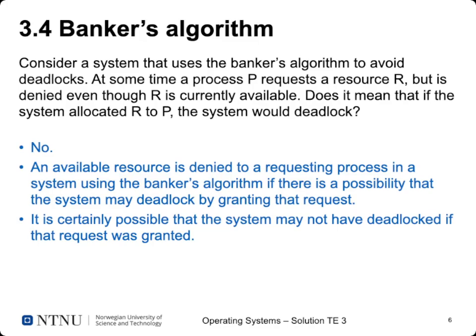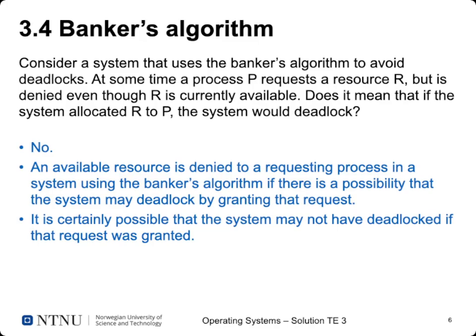So the question was asking you to try to understand this algorithm, and the question was, if the system would allocate resource R to process P in that moment instead of denying it, would the system necessarily deadlock in all situations? And the answer is no.